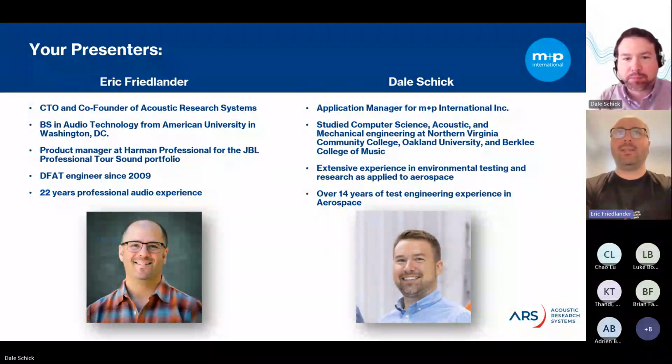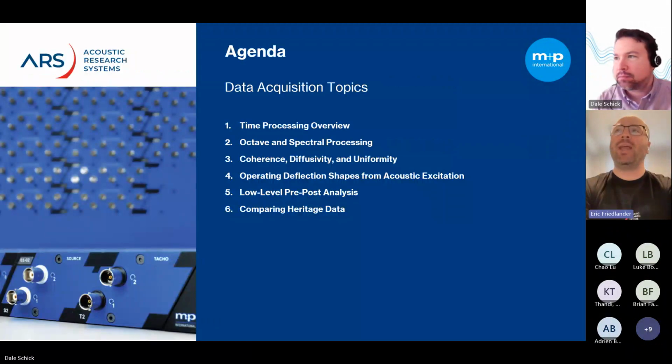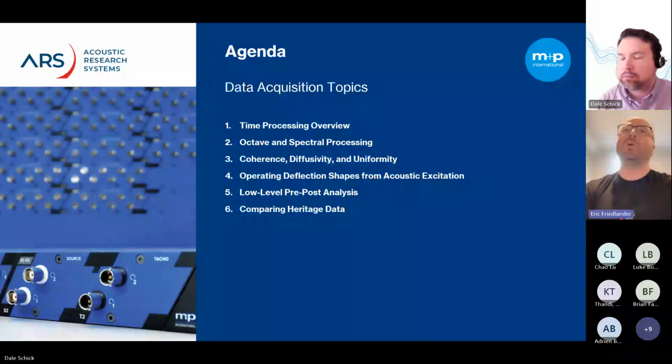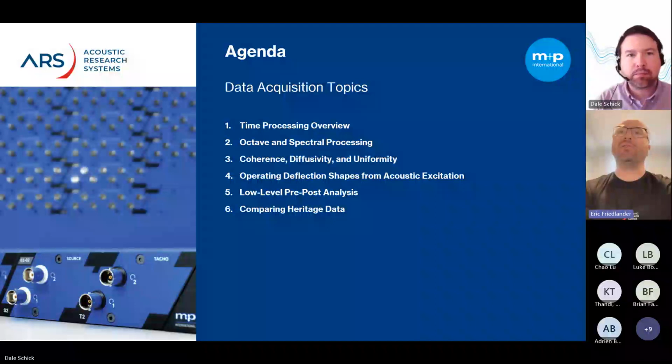So let's kick into the agenda. Today we're going to talk about data acquisition topics. We talked about the pre-test, and then yesterday we talked about the test, and now we're going to talk about what happens after the test. So, time processing, octave and spectral processing of microphone data, and coherence, diffusivity, and uniformity, garnering some of those features from the acoustic field.